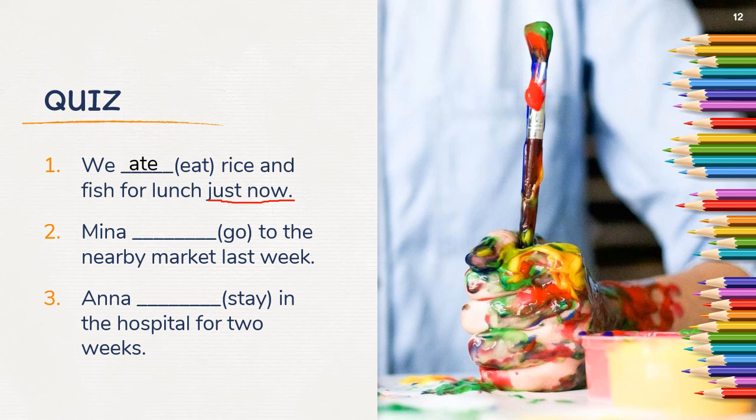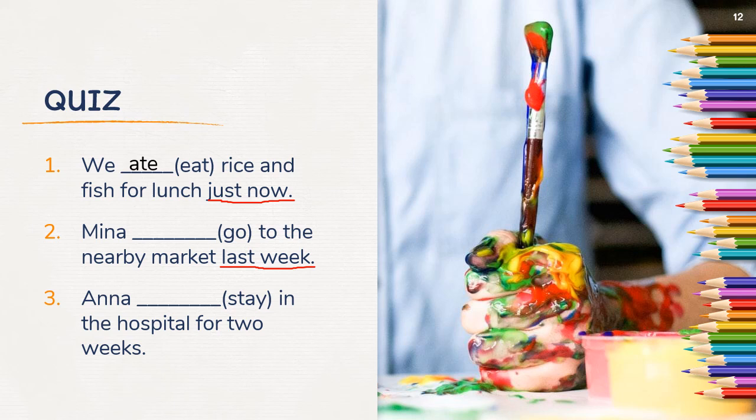Meena dash go to the nearby market last week. So children, can you tell me what is the keyword here? If you say last week, well done, you got it right. So once you find the keyword, you must underline it.